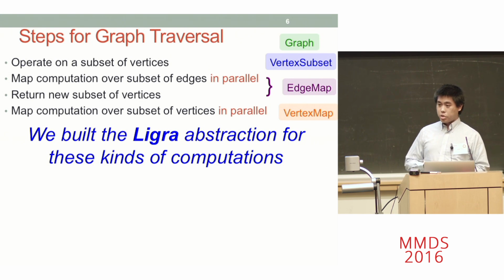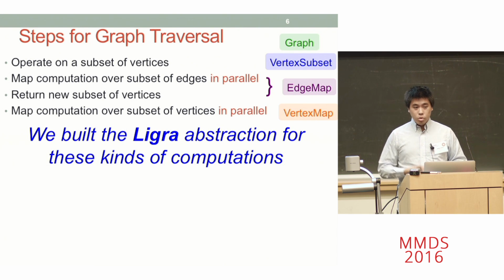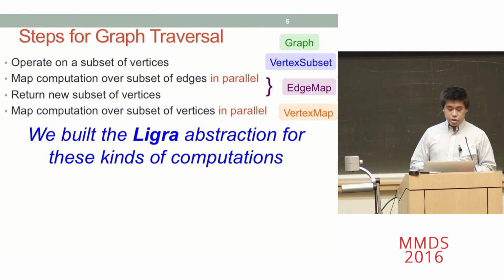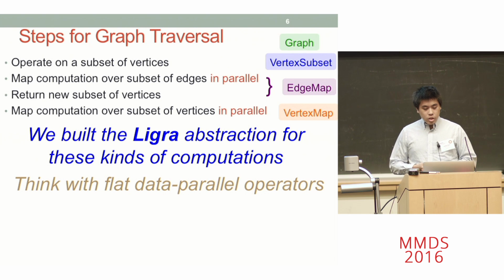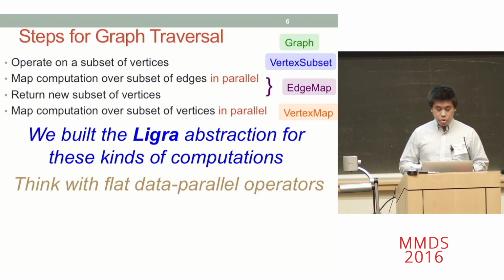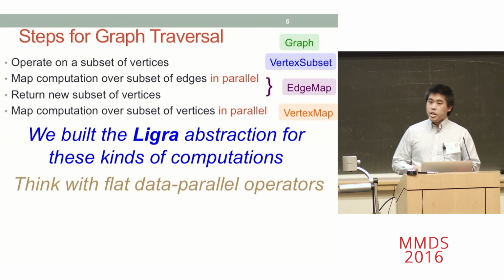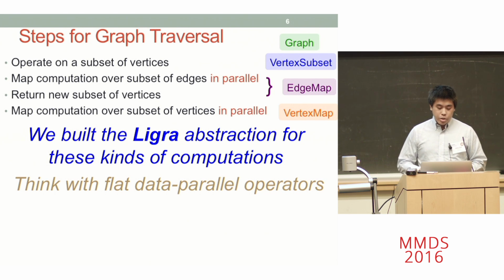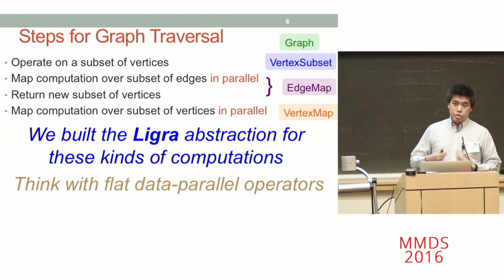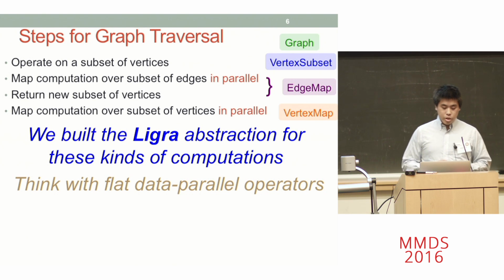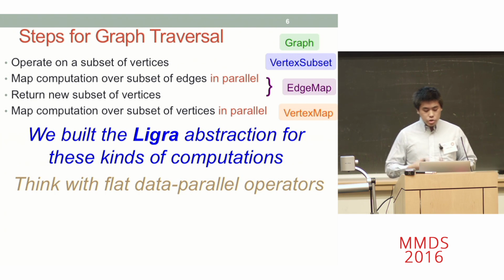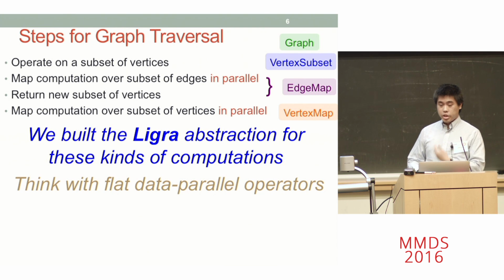And finally, since this is a graph processing system, we have a graph data structure just to represent the graph itself. So Ligra encourages the programmer to think using these flat data parallel operators EdgeMap and VertexMap, and we argue that it's actually pretty natural to express a broad class of graph traversal algorithms using these 2 flat data parallel operators. And it also enables us to do some optimizations that I'll talk about later.